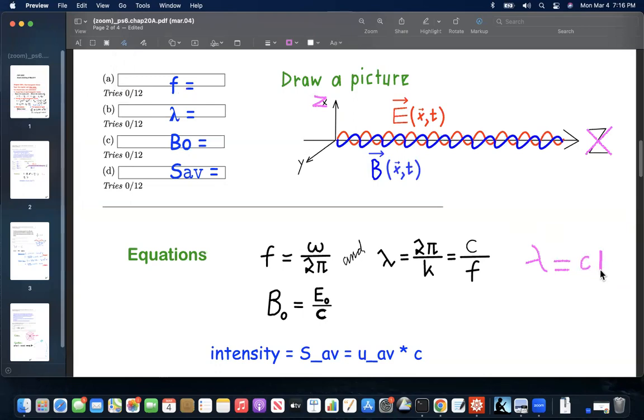That's T. We call that the period. And now frequency is 1 over the period, 1 cycle per second.